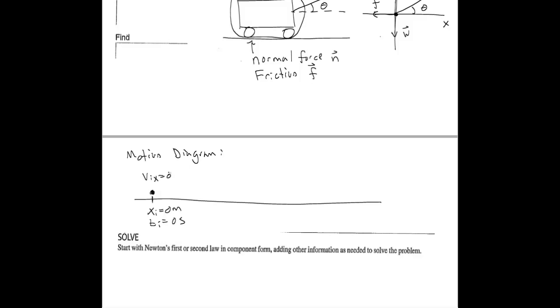He starts from rest, so his initial velocity is 0 meters per second. He ends at some final position, which we don't know. We do know it takes 9 seconds to get there, and that the final velocity in the x direction is 12 meters per second.